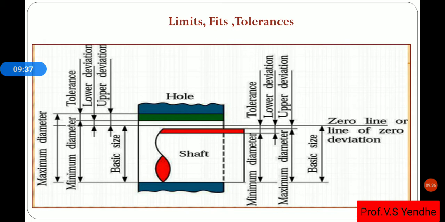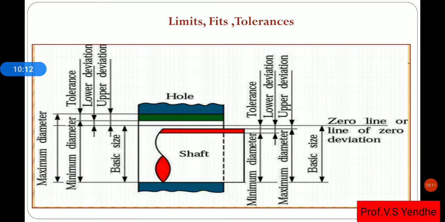So the next point is the limit. Limit is the maximum or minimum permissible values between which the actual size is present. If this diagram shows the maximum diameter, this is the maximum diameter, this is the minimum diameter.